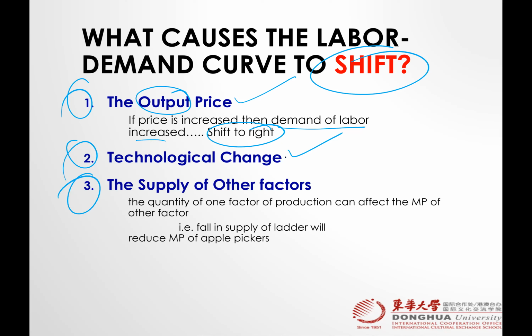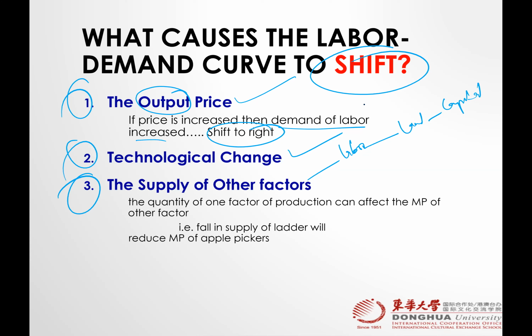Technological changes: if technology changes, demand also changes, right? If more educated people are needed, demand also rises. The supply of other factors: we are just finding out about labor, but there is also land and capital.